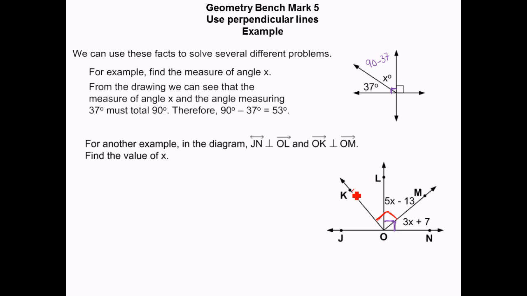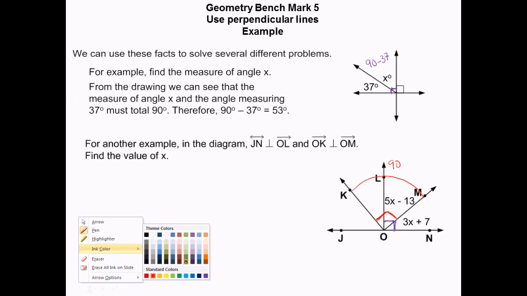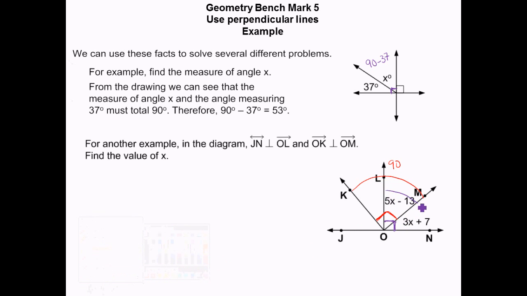That means this altogether adds up to 90, and then the other ones here will add up to 90. So if we had some other value over here, we could find X with these two values. Or since these two will add up to 90, we'll add those two together.